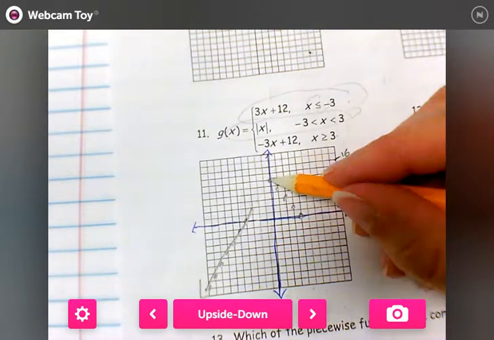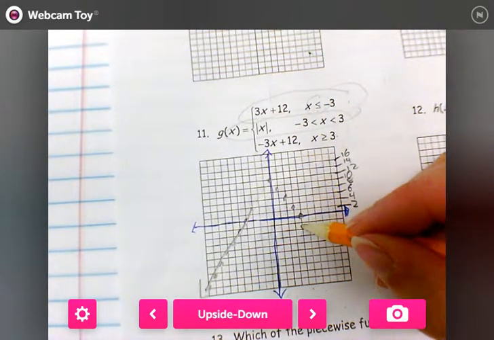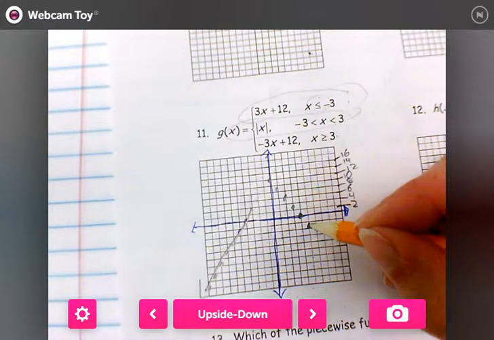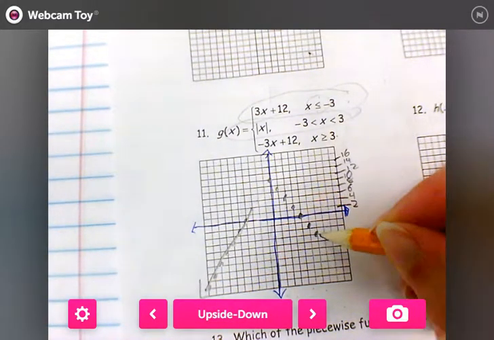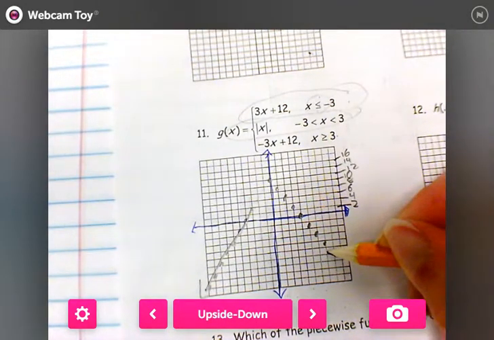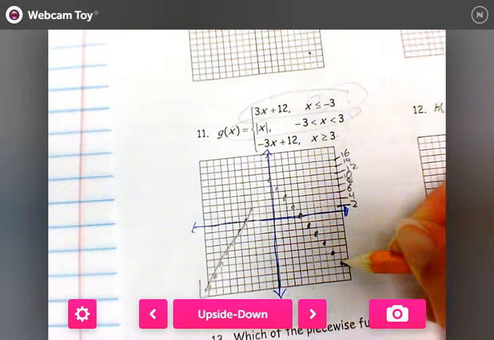Yep, I started at 12. Down 3 over 1. Down 3 over 1. Down 3 over 1. This one's weird because each of these little things are by 2's. Down 3 over 1.